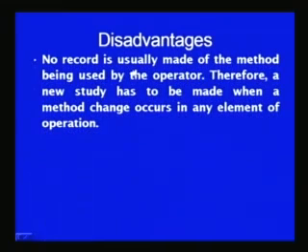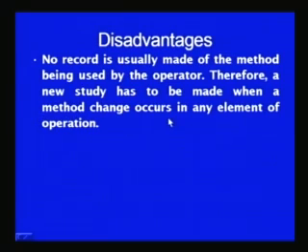No record is usually made of the method being used by the operator. Therefore, a new study is required when there is any change in method or any change in a particular element of the operation. So, this is another important aspect of the work sampling study, that a record is not there.